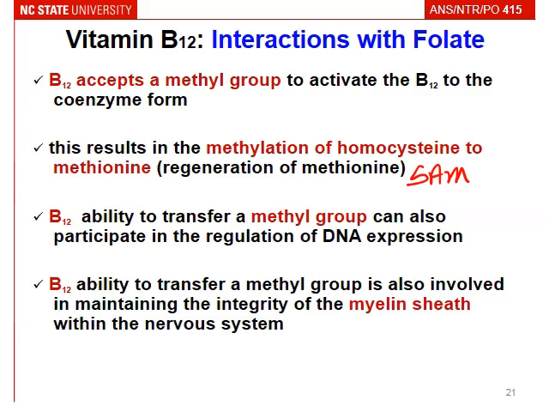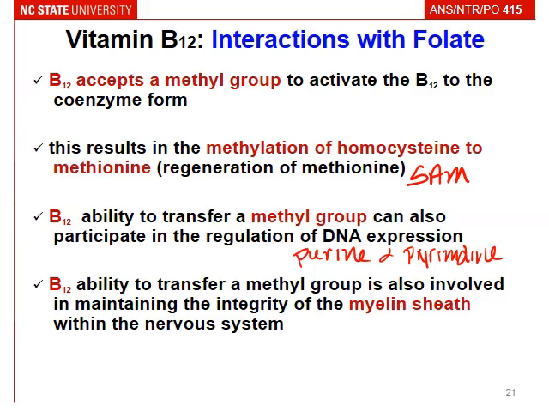In addition, B12, because folate is responsible for the synthesis of our purines and pyrimidines, and we need B12 to regenerate our folic acid, or THF. B12 also ends up participating in the regulation of DNA expression, mainly because of the purine and pyrimidine synthesis that it's involved in, that we talked about during folic acid.